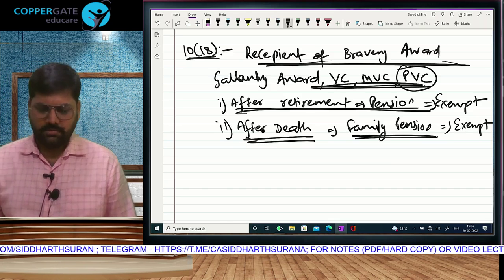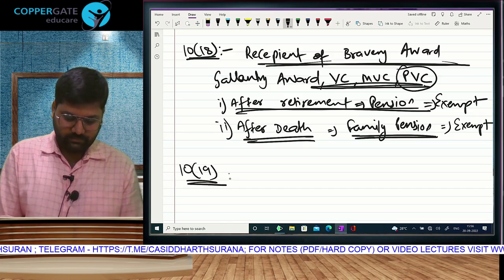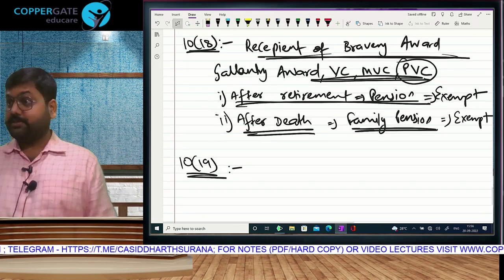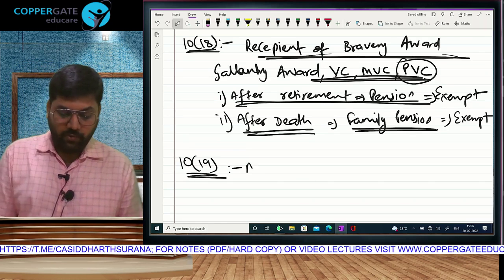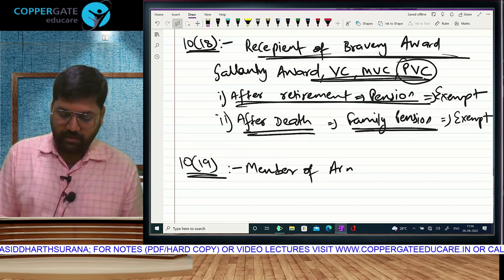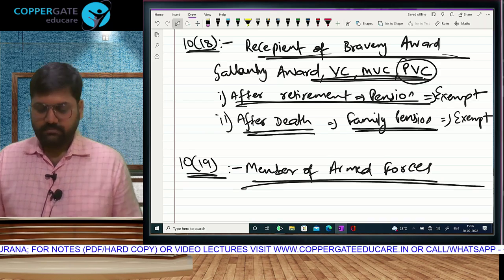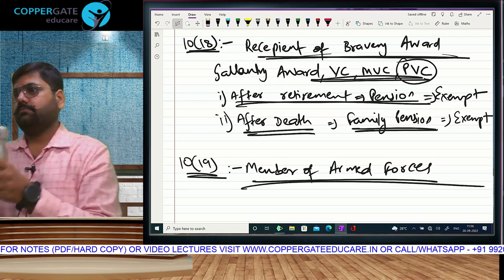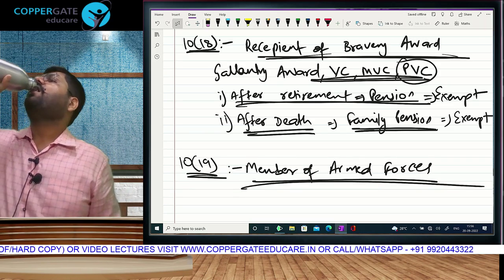Understood? But there is another section 10(19). It may appear similar. It's different. If you have been a member of any of the armed forces, name them. Army, Navy, Air Force.